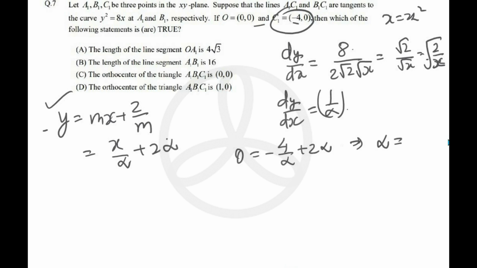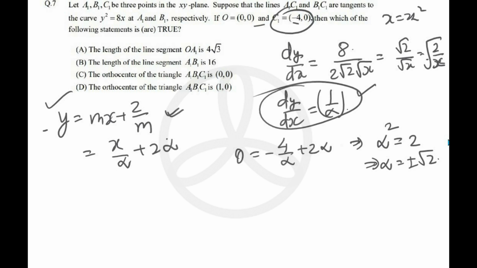And this will be nothing but alpha is equal to, alpha square will be actually 2. Alpha will be plus minus 2. Now once we have alpha, this becomes very easy. We can just substitute plus minus. This gives us a slope of m is equal to plus minus the square root of 2.